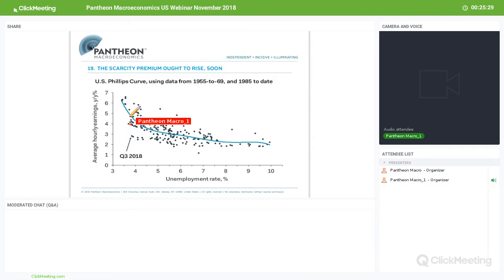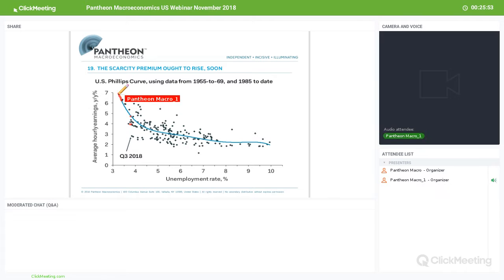This is the potential scarcity premium over the course of the next year if productivity growth picks up in the way that I think. Now, I think this is entirely realistic because this is what's happened before. But remember, a year from now, unemployment is going to be at about 3.2, which would put us, well, off the chart, literally. That would suggest if we were extrapolating that curve, we might end up up here somewhere.